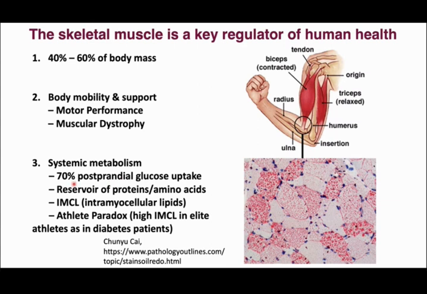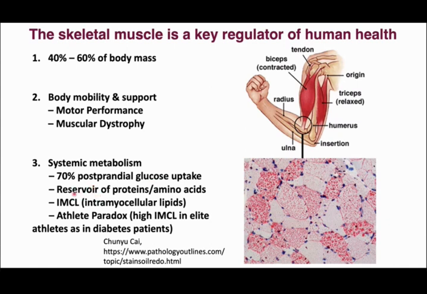About 70% or two-thirds of the sugar that you take in goes into the muscle, where it is stored as glycogen or used right in the muscle.